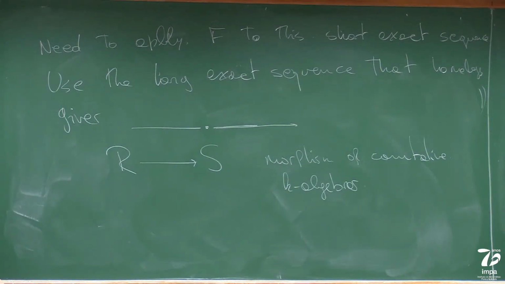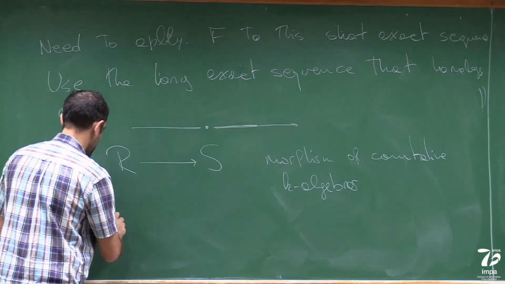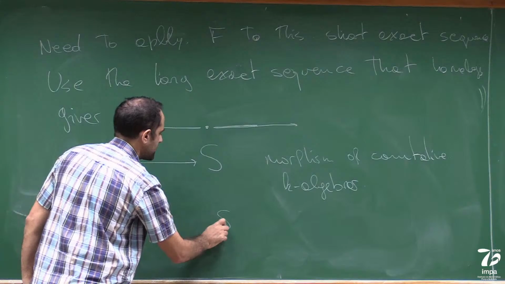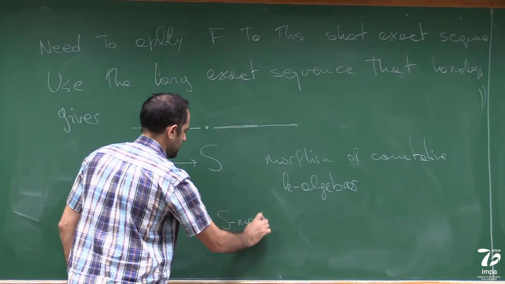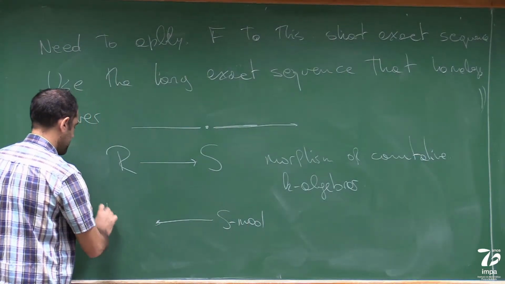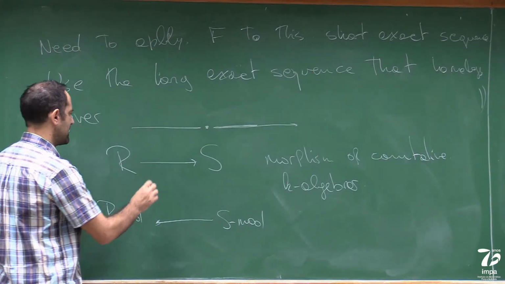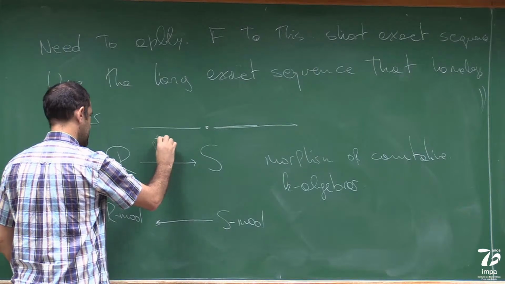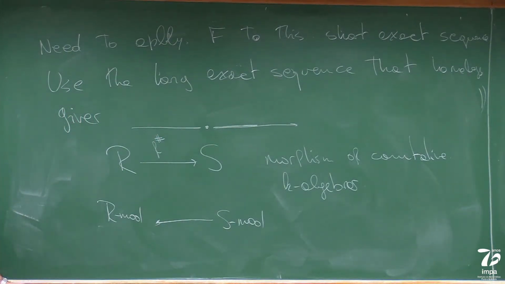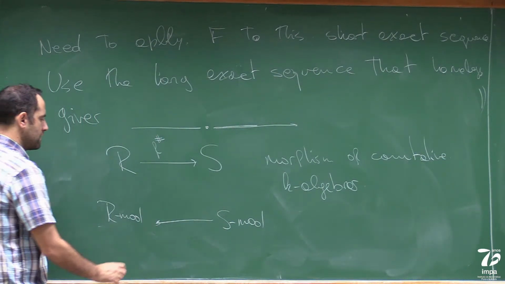Then you have a map from S-modules to R-modules. I don't know how to call this guy, so perhaps this is a good name for this morphism of rings.